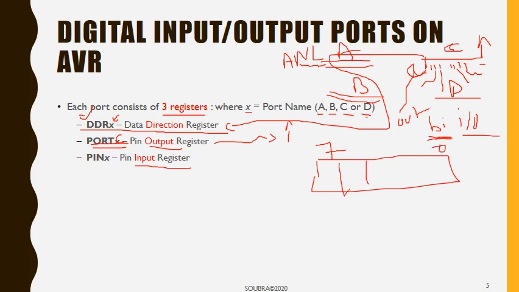Each bit represents a physical pin. So if I want my 7th pin here to be an out, I need to write in my DDR that this 7th pin is an out, and we're gonna see how in the next slide. And then in the PORTC, number 7 here, we're gonna write 0 or 1, whether we wanna turn on or turn off a LED, for instance.